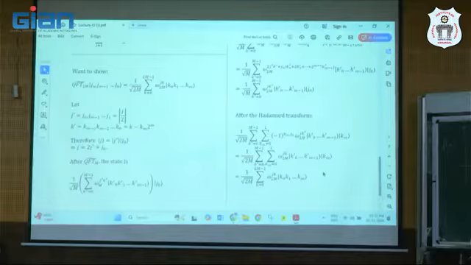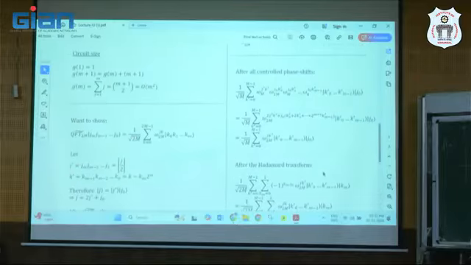Already before, correct? Yes? Because all the wires are done. Correct? All the wires are done. Till now we have not done the Hadamard. The last Hadamard we have not done. This is only the control phases.